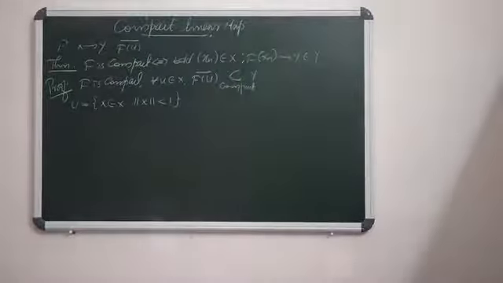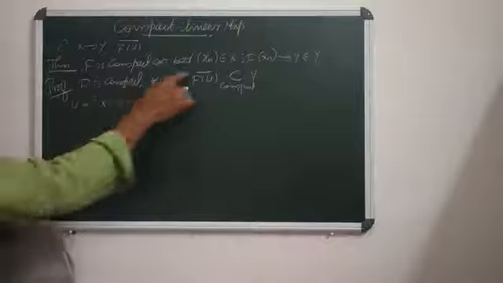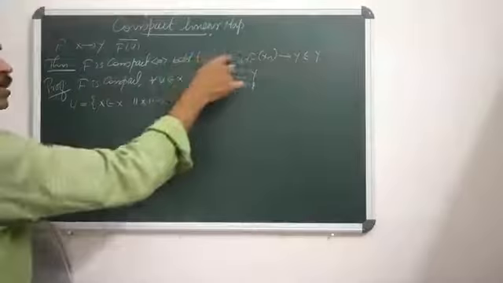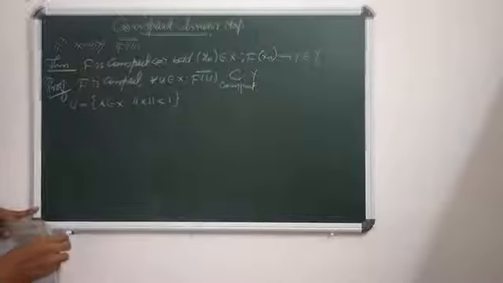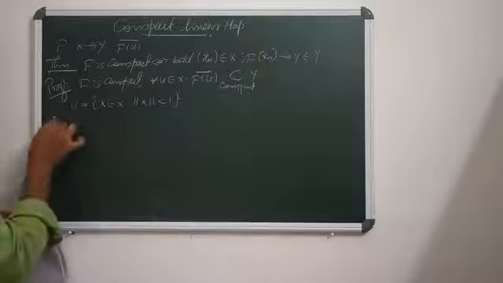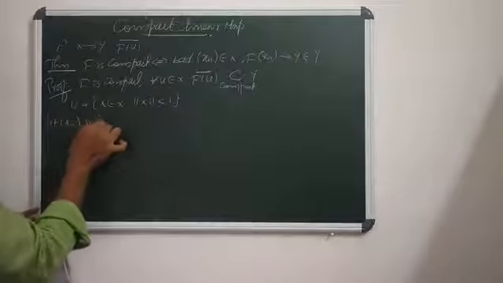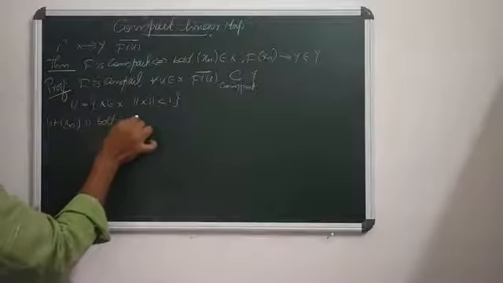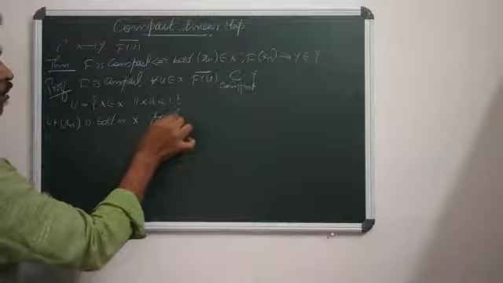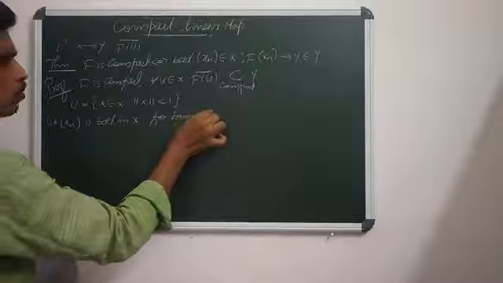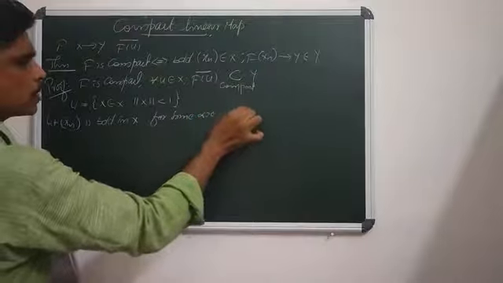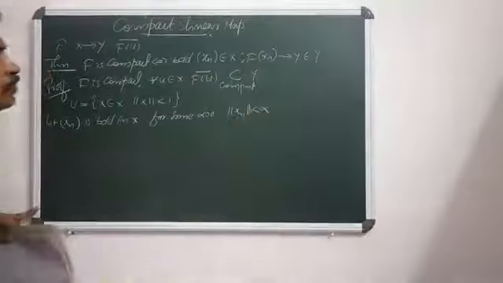Now to show that for any bounded sequence xn in X, f of xn has a convergent subsequence. How to prove this one? Let xn be a bounded sequence in X. Xn is bounded in X means for some alpha greater than 0, norm xn is strictly less than alpha.